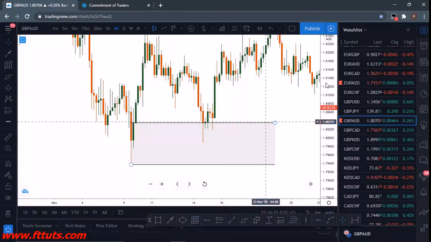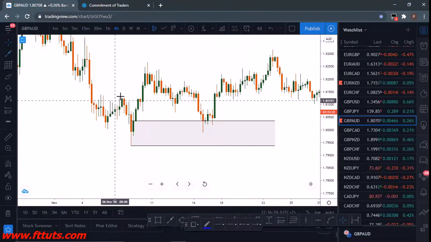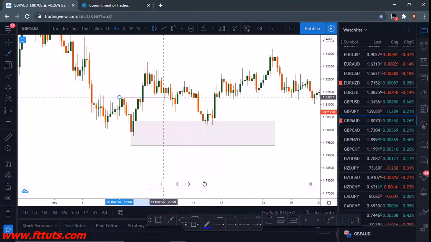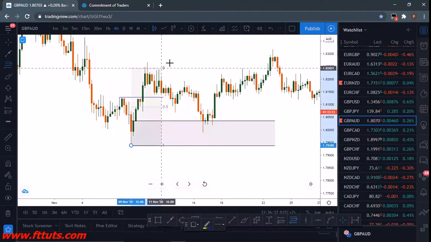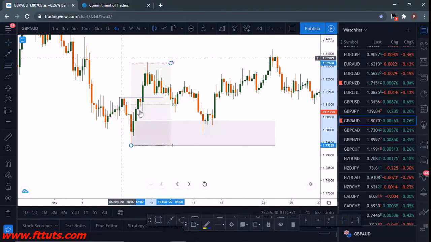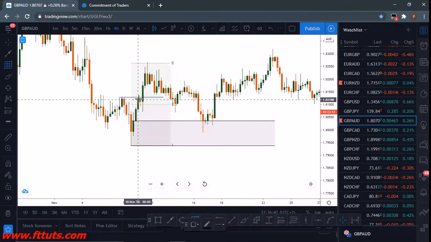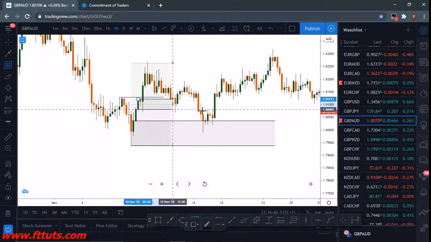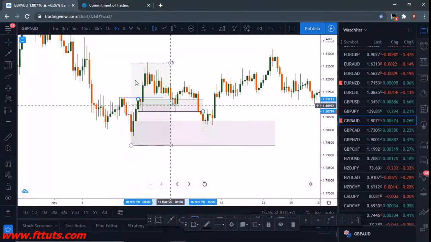Okay, that's fine. So how was it valid again? We need to look at break of structure right there. Flip. Right there, this area here. If you were looking at this area here, you were not gonna take any trade from it because it is above the 50% of the whole move.